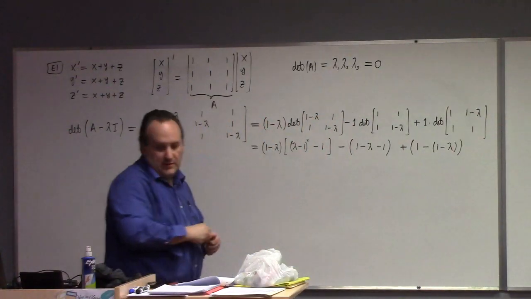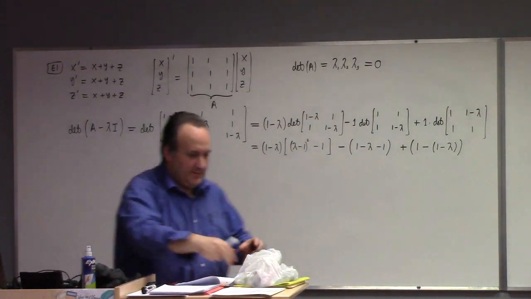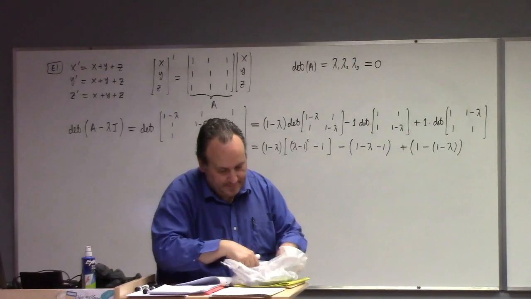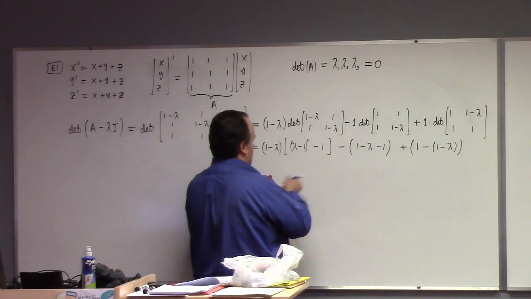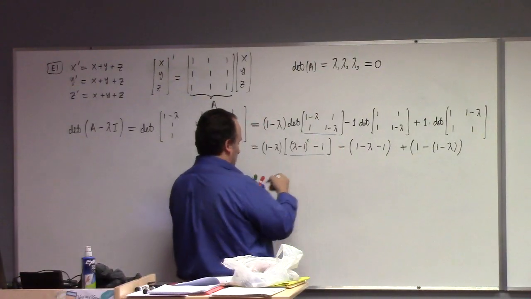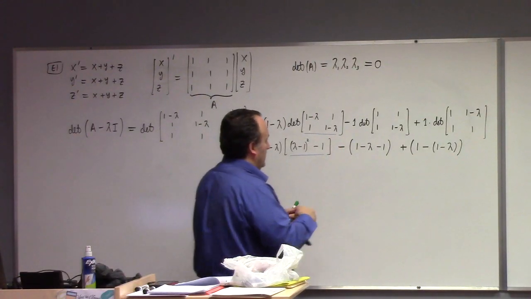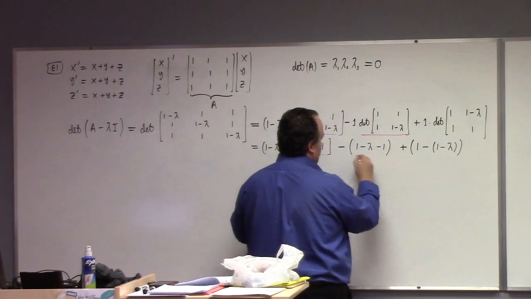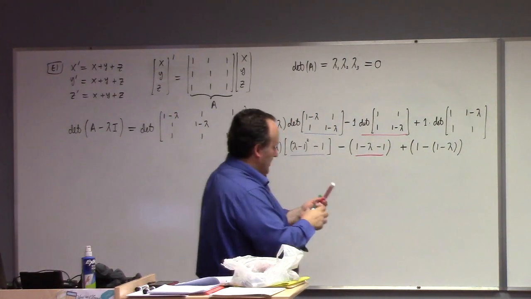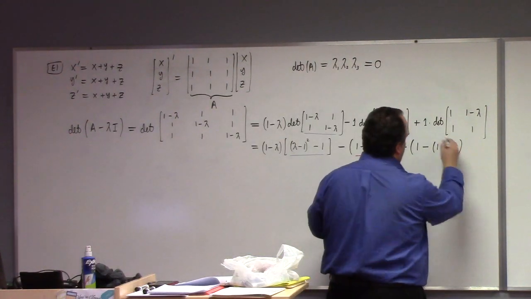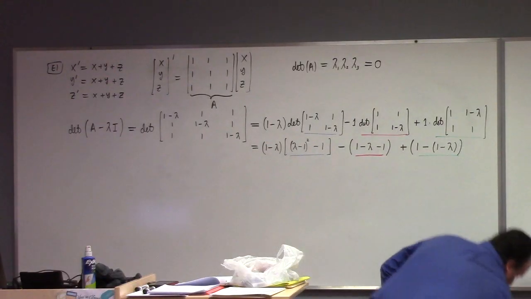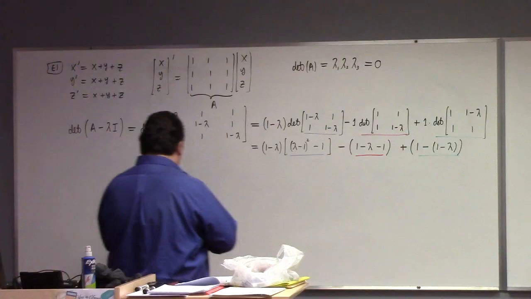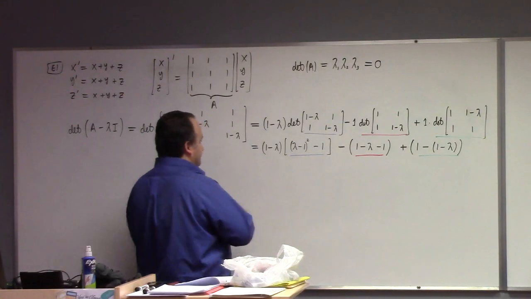All right. Just to emphasize where things are coming from, this is that. This piece is that piece. And this one is that one. All right, so let's work it out.